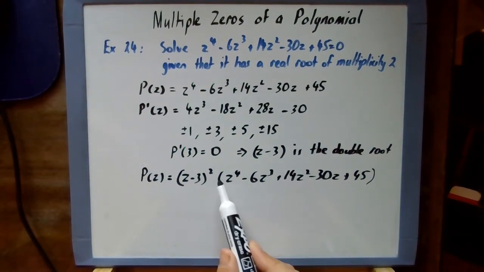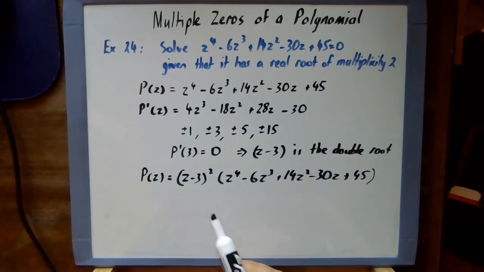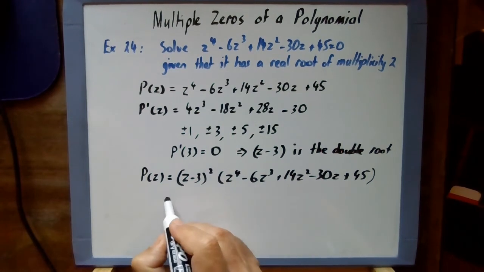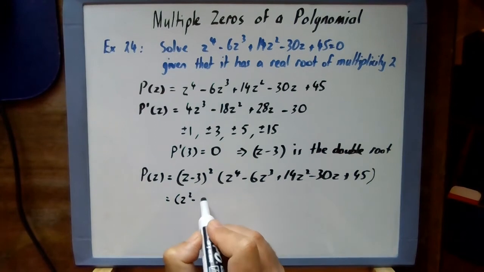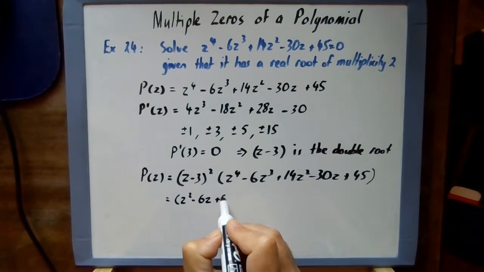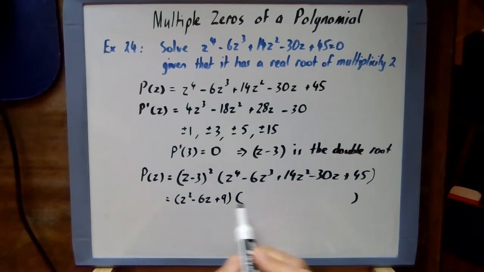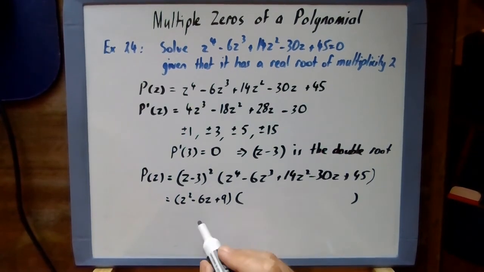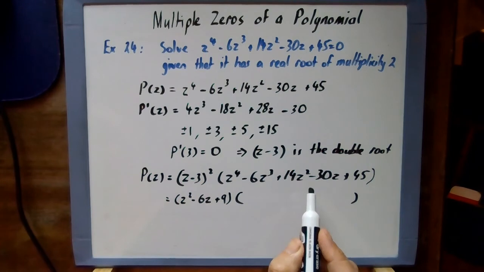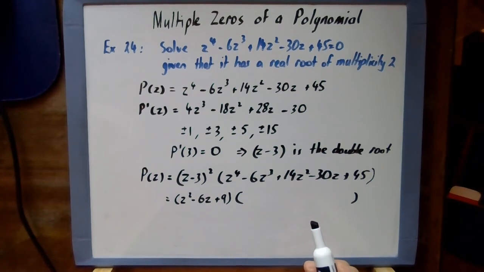We can then divide this by (z minus 3) squared once we've expanded it. Divide that into there and work out, changing this to a quadratic, and end up with something that we can more easily solve.